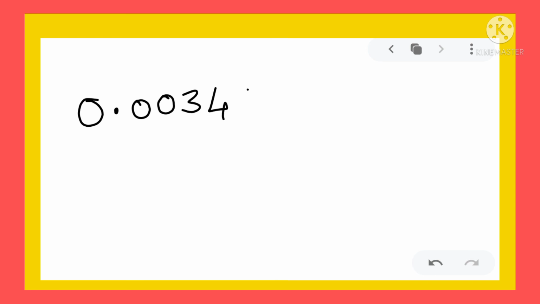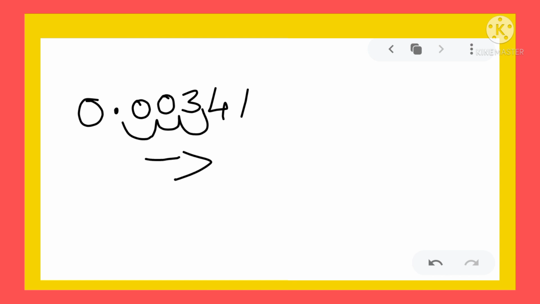Then another one, 0.00341. Here we want to move this decimal point up to between 3 and 4. That means we want to move this decimal 1, 2, 3 places to the right.